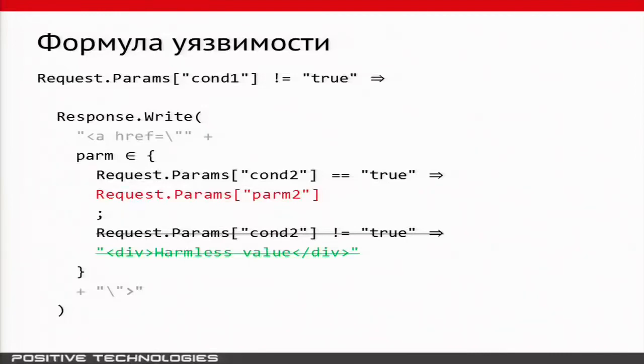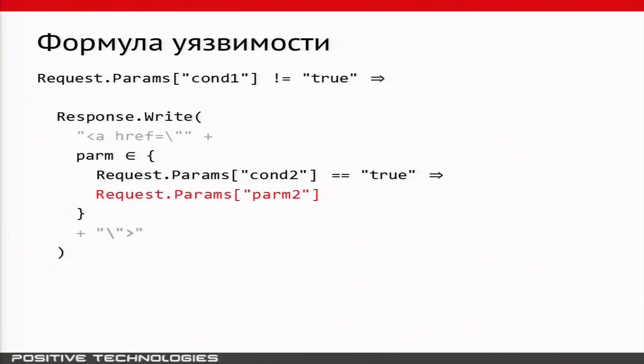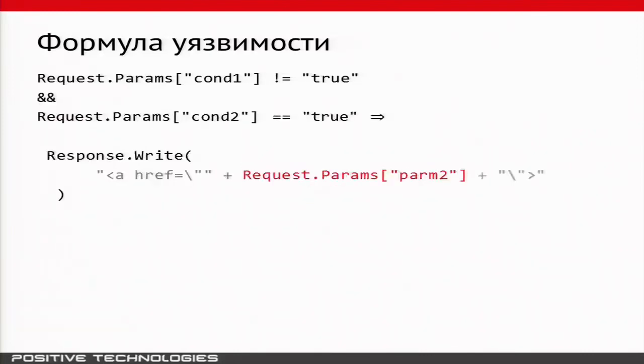So if the condition applies, we shall have response write with the following value. We use the multitude of values that we get from this simple context. So here we can take out the second branch because it's not managed externally and it's safe. So the formula will become shorter, or we can send it up to get the conditions of the vulnerability.